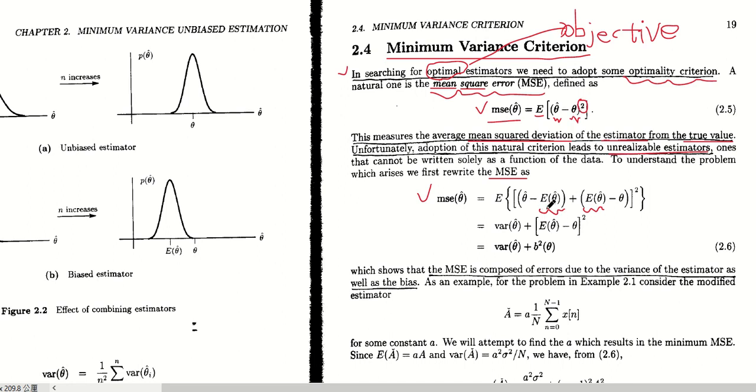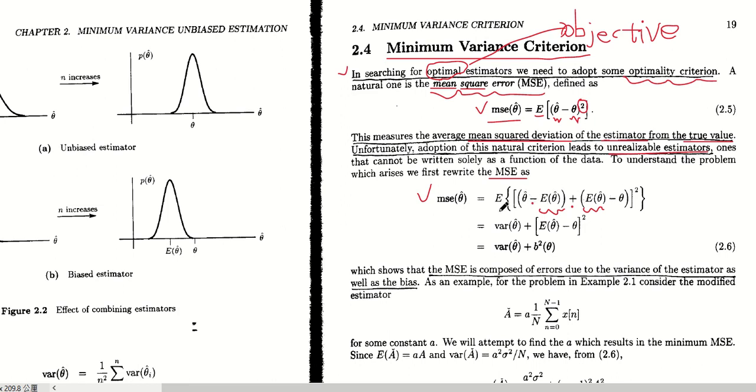Now we introduce the dummy variable E theta hat, and we subtract it and add it. The dummy variable actually cancels out. But of course, we are not going to let them cancel. We are going to treat the two terms separately.